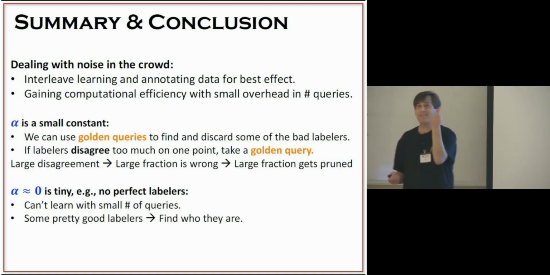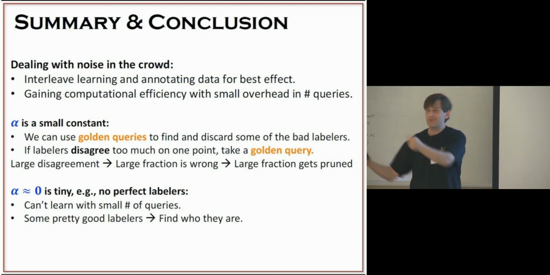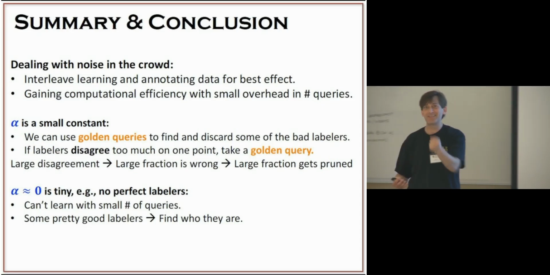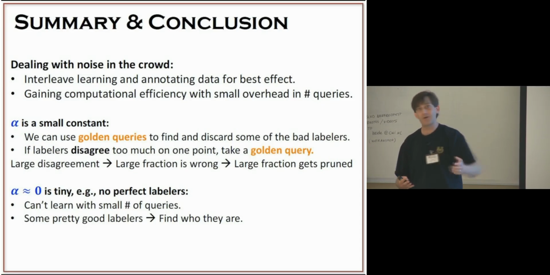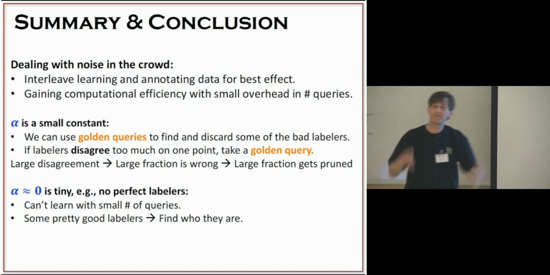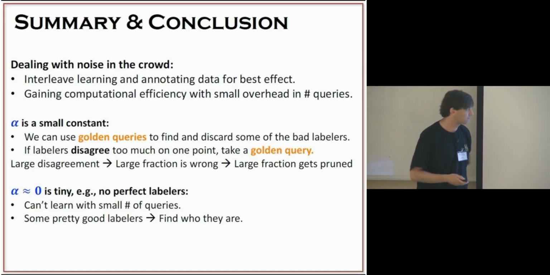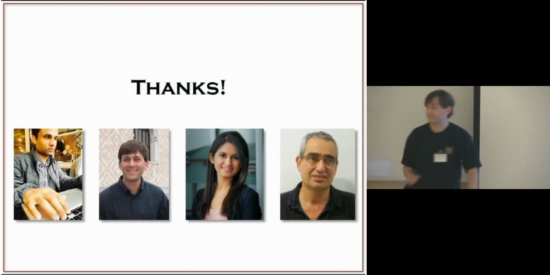If you ever see an example that splits the world into, say, 50% saying yes, 50% saying no, that's a great quiz question. Before you use your labelers, ask them this quiz. First, find the right answer, and if they get that wrong, throw them out. Now you've increased the fraction of the labelers left over who actually know the answer. So that's an idea you can use when alpha is small. And that's it.